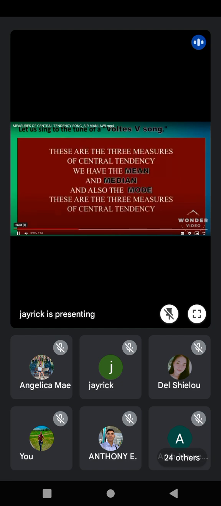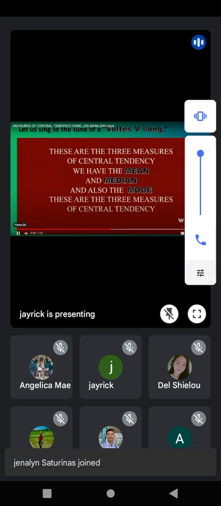These are the three measures of central tendency. We have the mean and the median and also the mode. Shy. These are the Pangita sa itong alpiler ni tita dali. Pangayuan na. of central tendency.